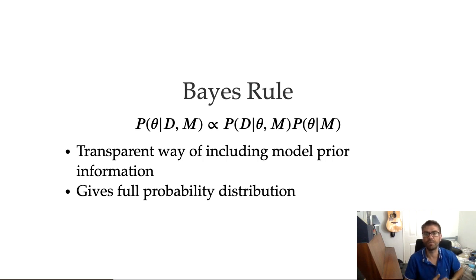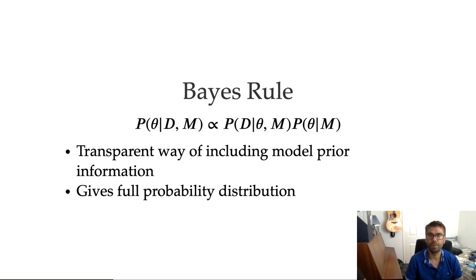At the heart of Bayesian probability is Bayes' rule, which you can see on the slide here. And Bayes' rule is made up of traditionally 3 components. On the left-hand side, we have the posterior probability distribution, and this is normally the output when fitting a probabilistic model. And that's telling us the probability distribution for our parameter values theta, given the data we give to the model and our model structure.